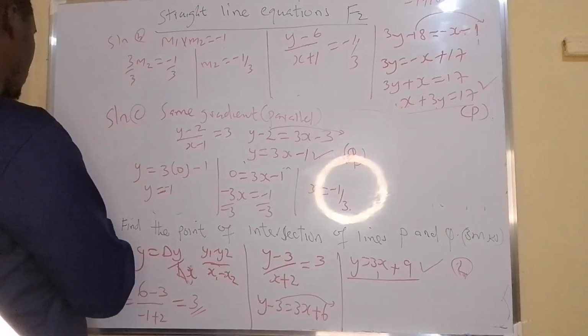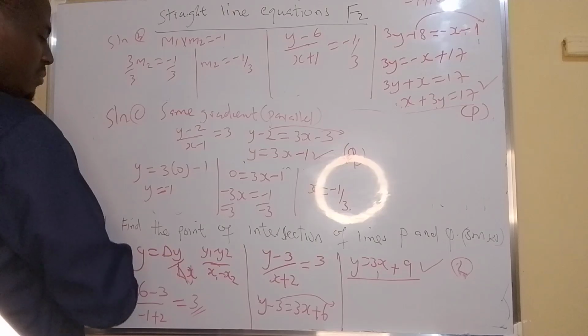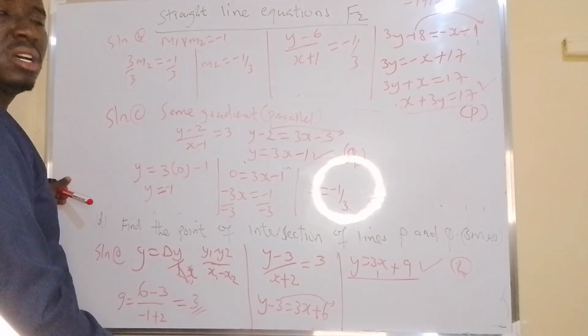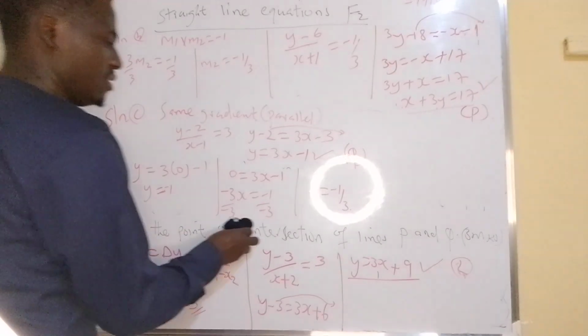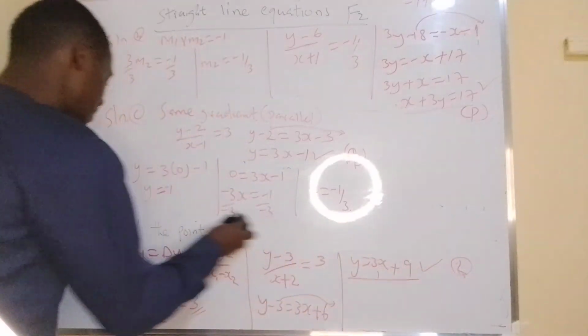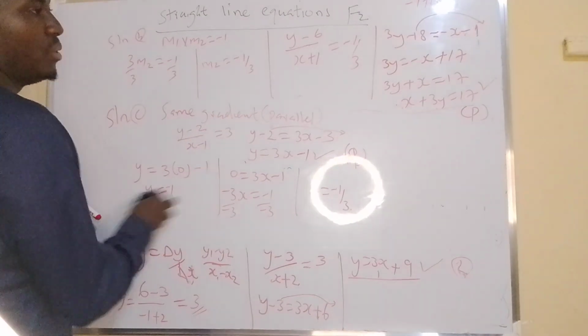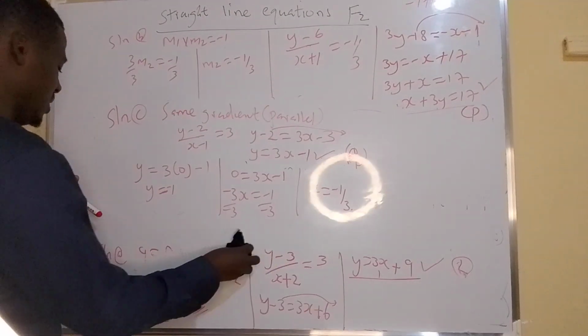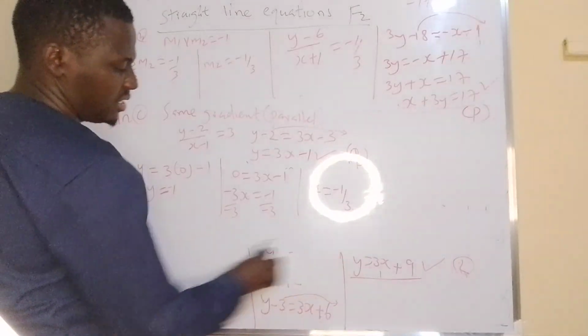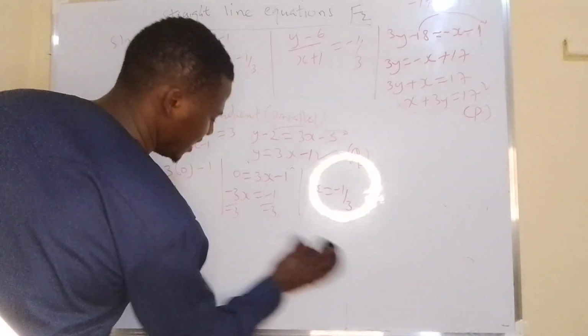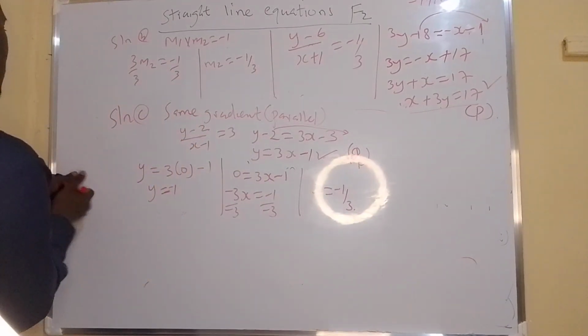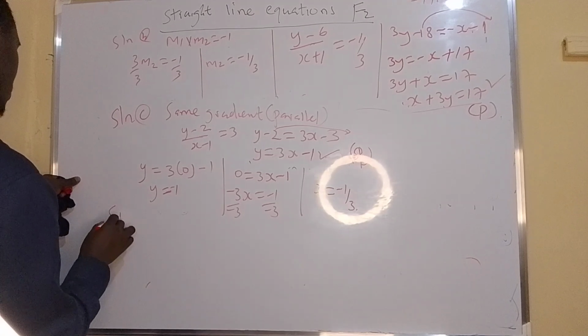Find the point of intersection of lines P and Q. Let's look for the point of intersection. I'm going to solve them simultaneously. That is the solution of part C.